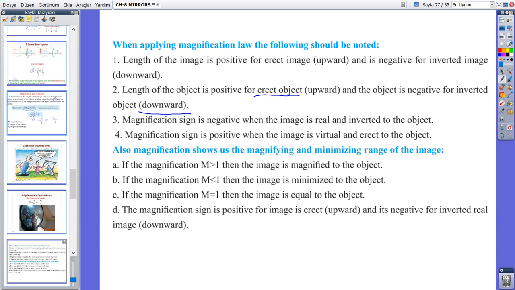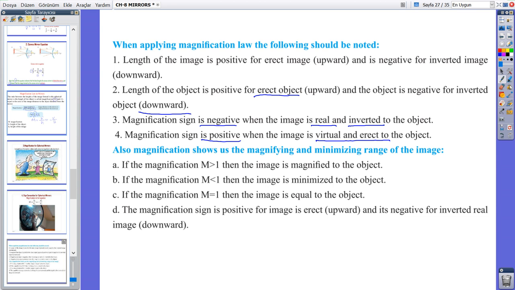Magnification sign is negative when the image is real and inverted. Magnification sign is positive when the image is virtual and erect. If you look at this, the magnification sign is negative for real and inverted, but positive for virtual and erect, opposite meanings. What about the magnification?